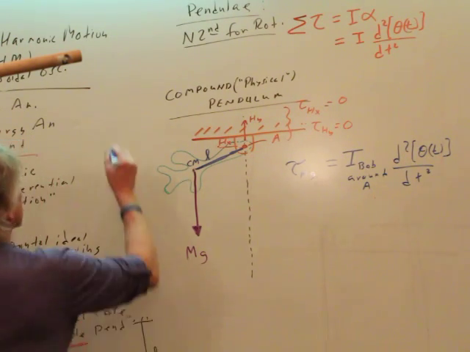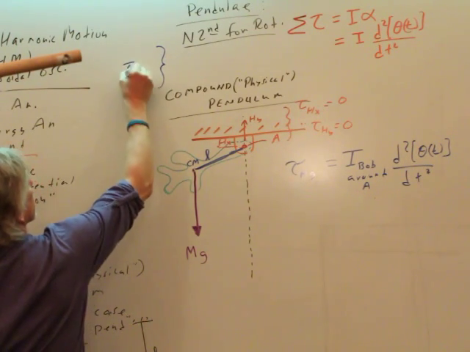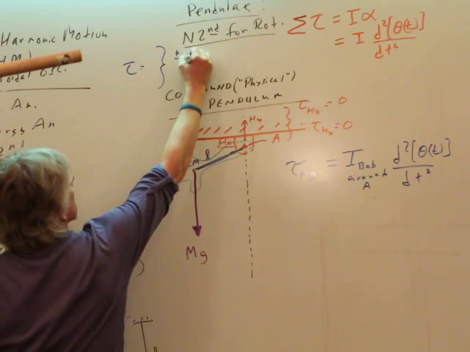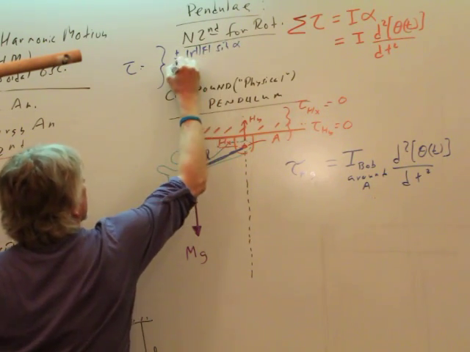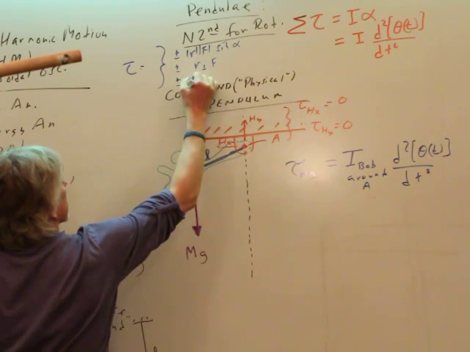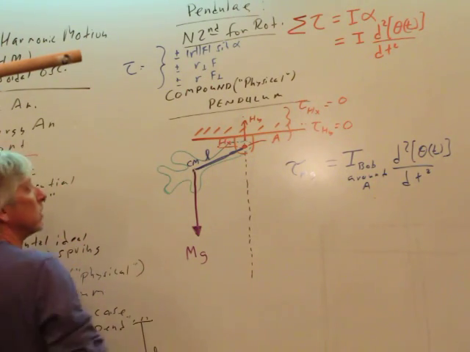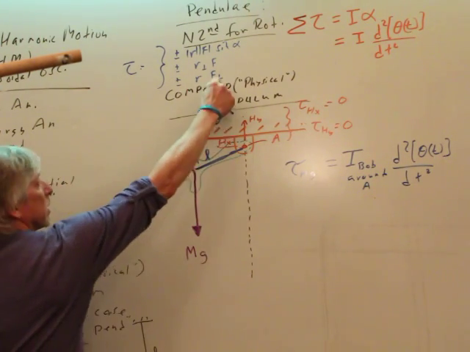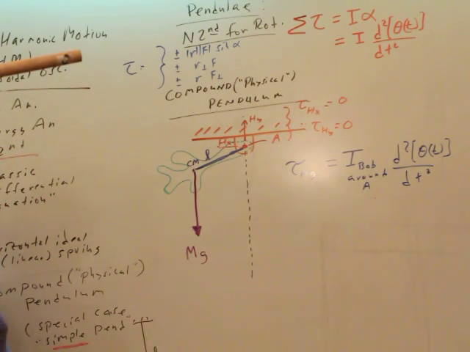Torque equals plus or minus RF sine alpha, plus or minus R perpendicular F, plus or minus R F tangential, which we call perpendicular to the line of R. I like that one in this case for visual.